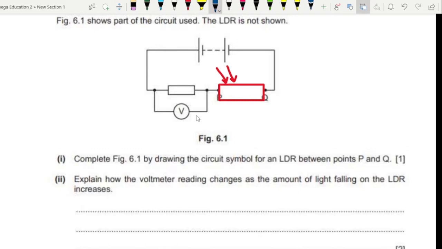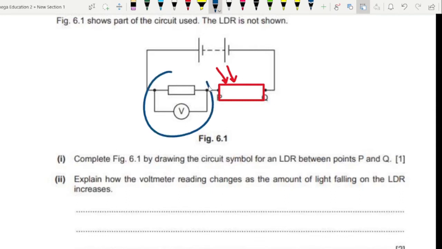This is the first thing that you need to realize. Whatever the effect on the LDR has nothing directly to do with the voltmeter reading, because the voltmeter is not connected with the LDR.